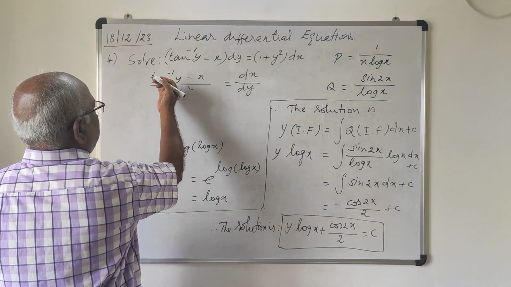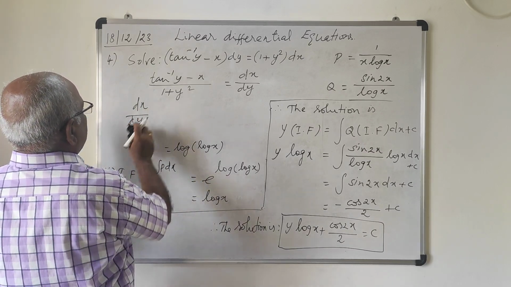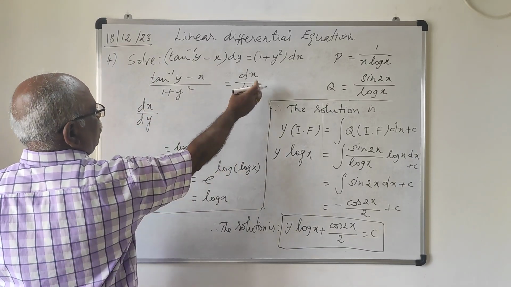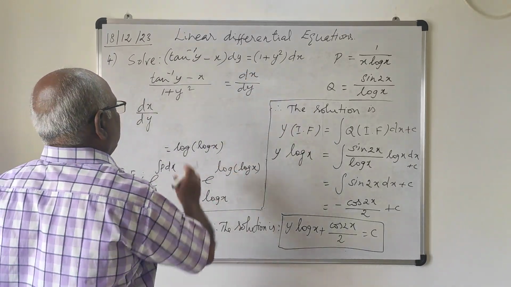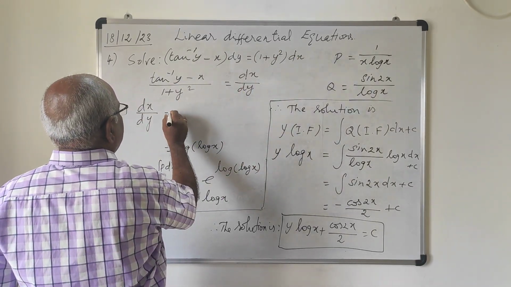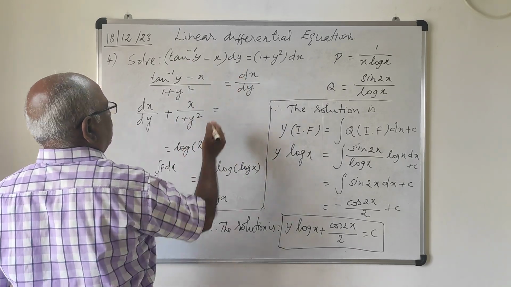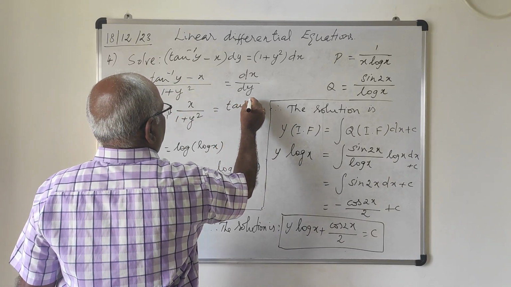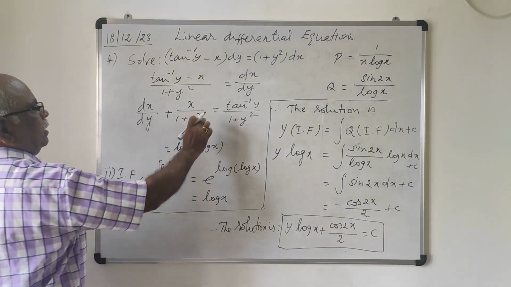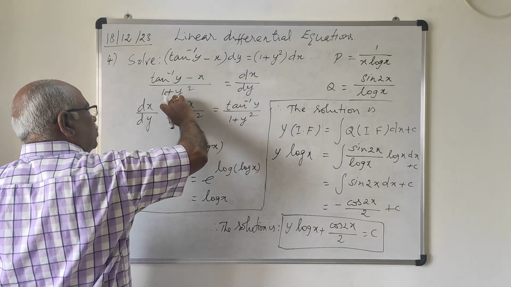Now you rewrite this equation. You keep dx by dy as it is, and you take minus x by 1 plus y square to the right hand side.